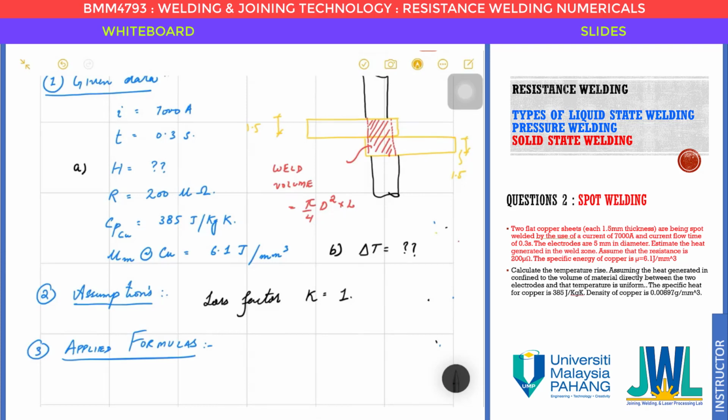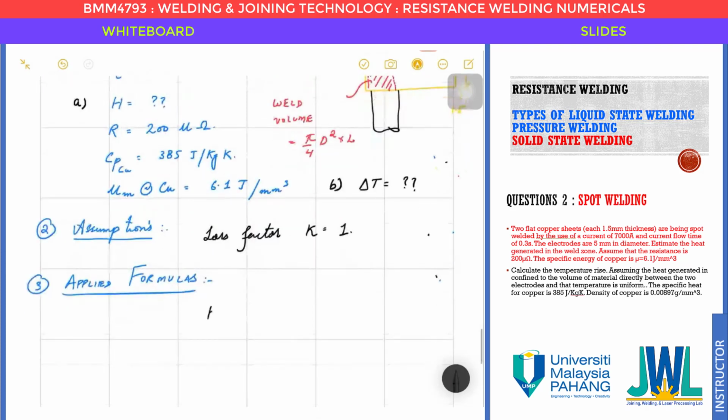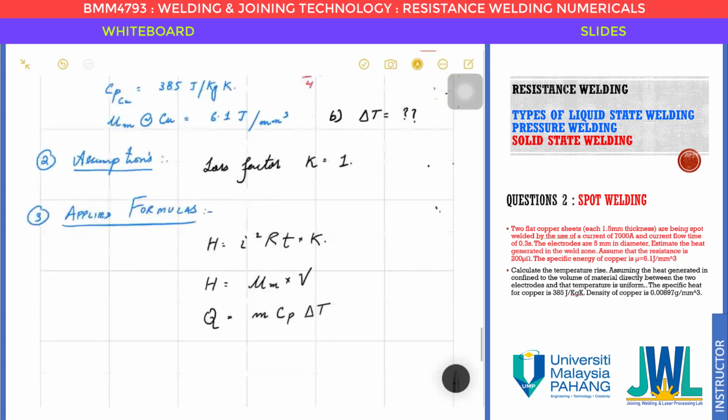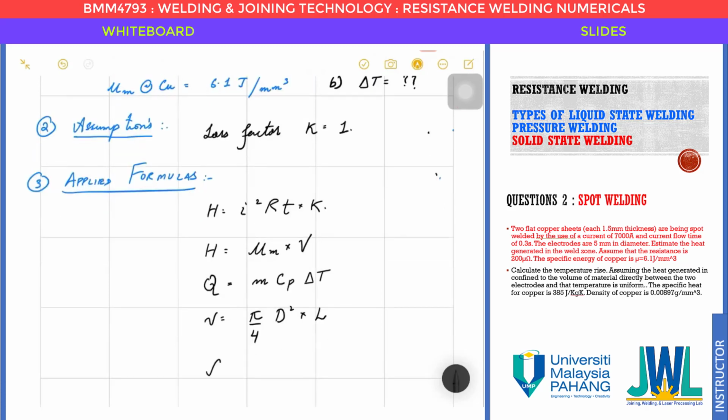So the applied formulas are number one, H equals I squared R T K. Then formula number two, the amount of heat to melt the material is mu m multiplied by V. Then the amount of heat given to the material is Q equals m Cp delta T, and volume is equal to pi by 4 T squared into length, and density is equal to mass over volume.